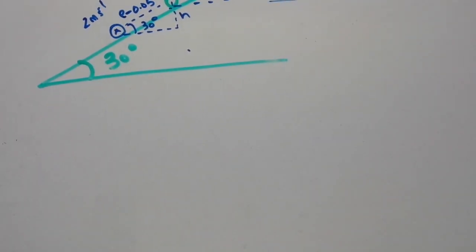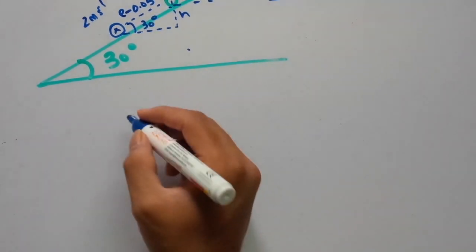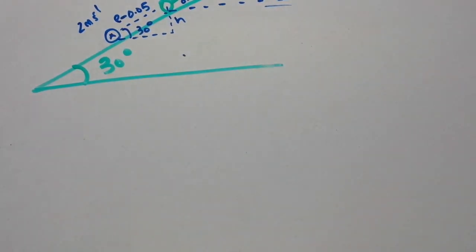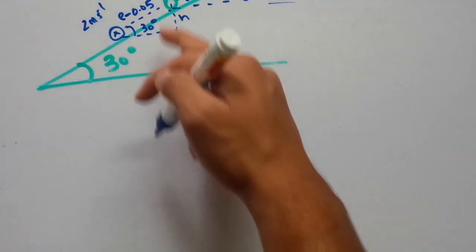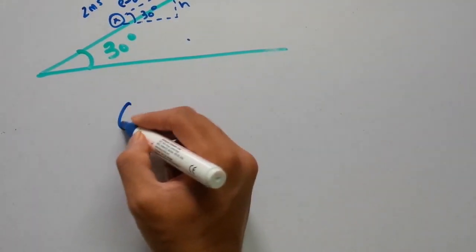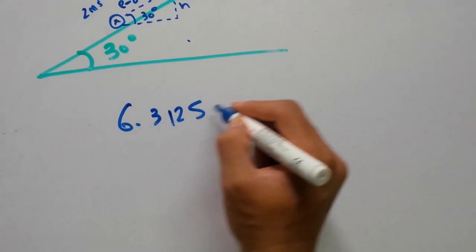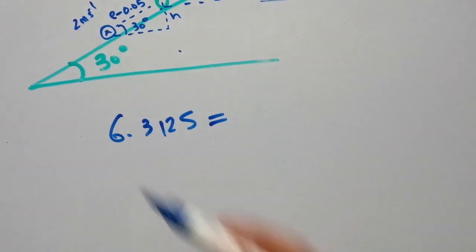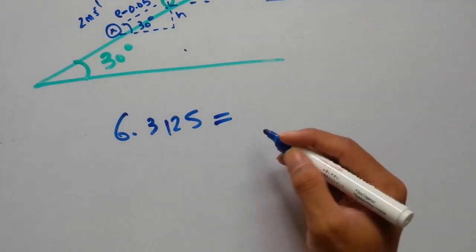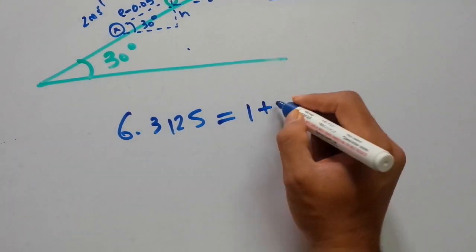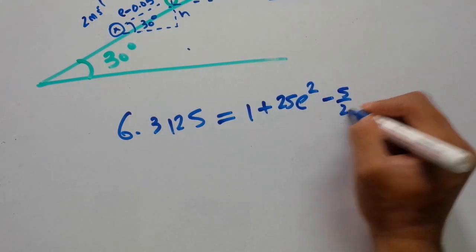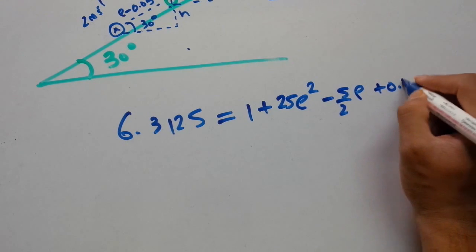Using the law of conservation of energy, energy at this point is equal to energy at this point. We have found that the energy at the initial point is 6.3125, and that is equal to energy at this point, which is 1 plus 25 E square minus 5 by 2 E plus 0.125.